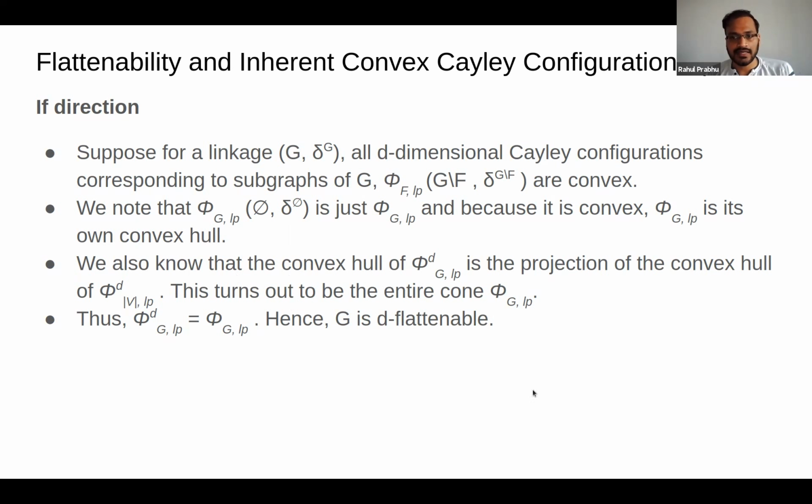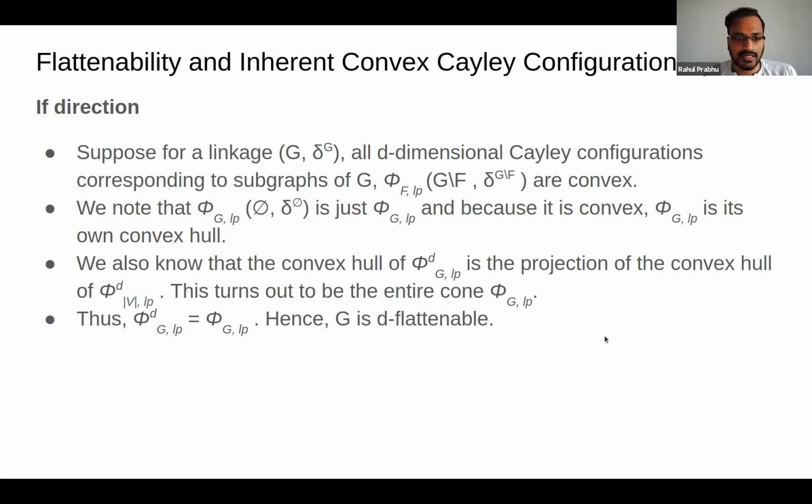So if you take the d-dimensional strata of that, it turns out to be the projection of the convex hull on the set of vertices.